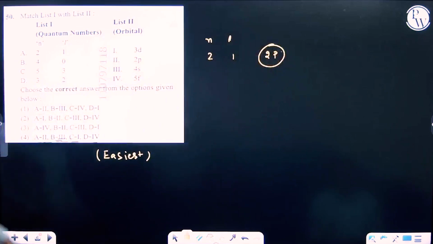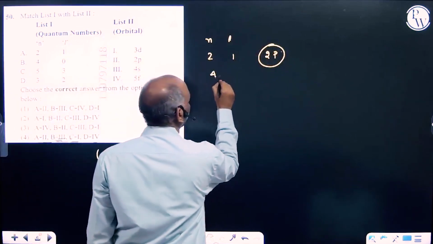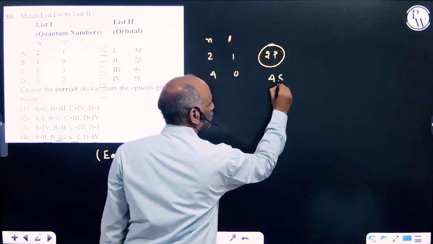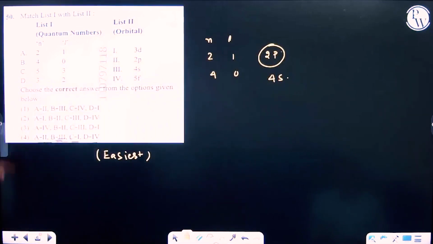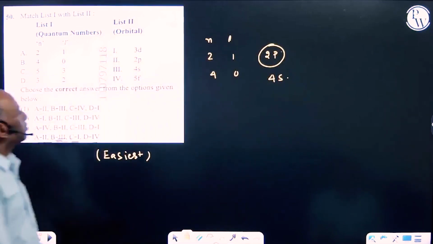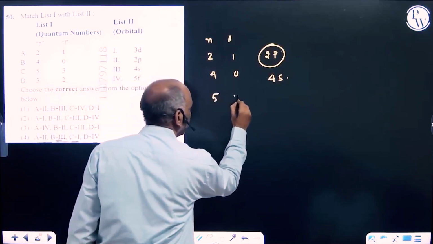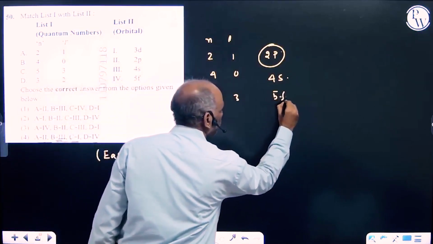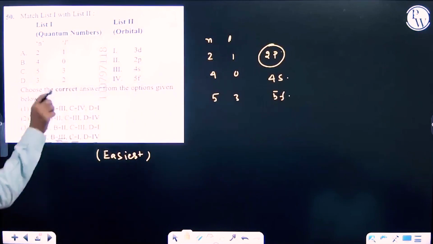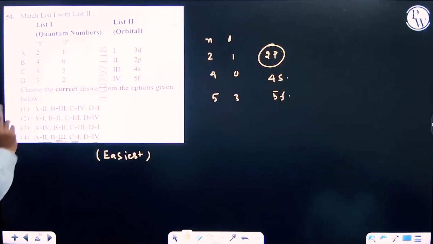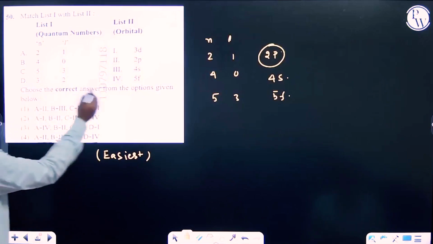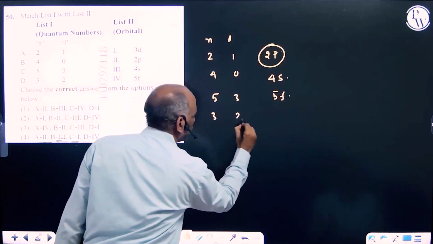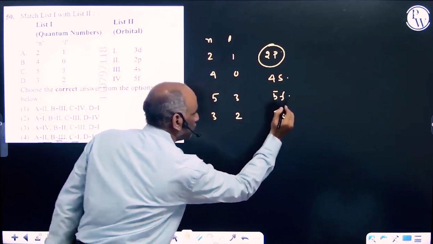If n is equal to 4, L equal to 0, this corresponds to the 4s level. And n equal to 5 and L equal to 3 corresponds to the 5f level, because 0 is for s, 1 is for p, 2 is for d, and 3 is for f. The other one is given as 3 and 2, so this is 3d.